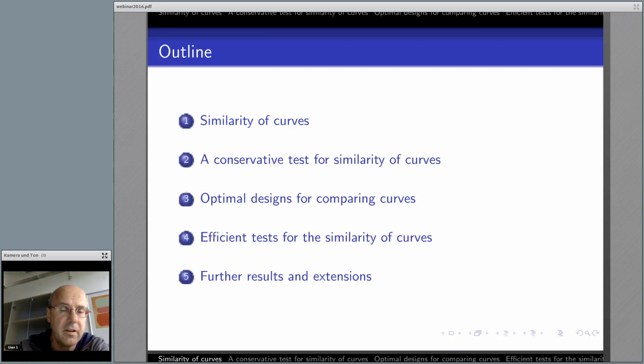And after that, I will improve the test itself. So we have two improvements of the current methodology. One is by design of experiments, and the other one is by just defining some new tests, which are much better. Okay, and then we talk a little bit about further results and extensions.